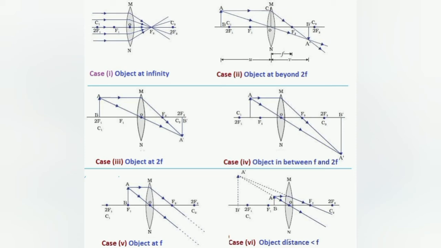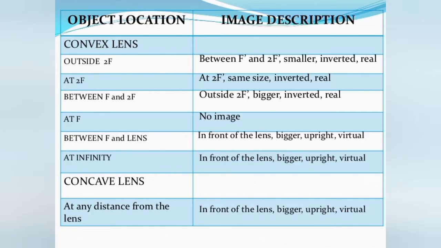And for all the other 5 cases, we are getting real and inverted images. So this is about image formations in the case of a convex lens. You can see the table also.